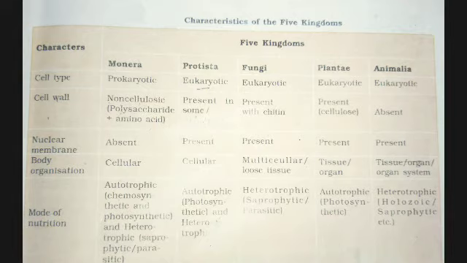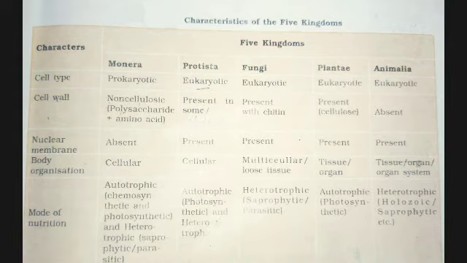Now the next kingdom is kingdom Protista. In the same way we will see firstly the cell type. So Protista have eukaryotic cells. It means they have a well defined nuclear membrane, along with all the organelles in the cell having a membrane around them. Fine. Second character is cell wall, right? So cell wall is present in some while absent in others.